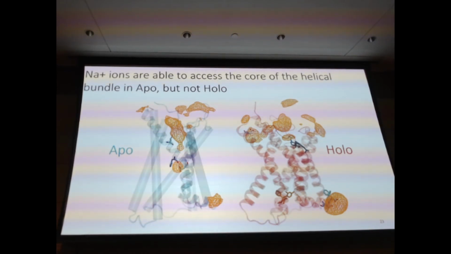And there's been some more recent evidence that suggests that sodium ions entering into this core and interacting with certain residues is a critical step for GPCR activation. So we might be getting close to an activated state in these apo simulations, and definitely not in the holo, where it's accessing these very new, different inactive and stable states.